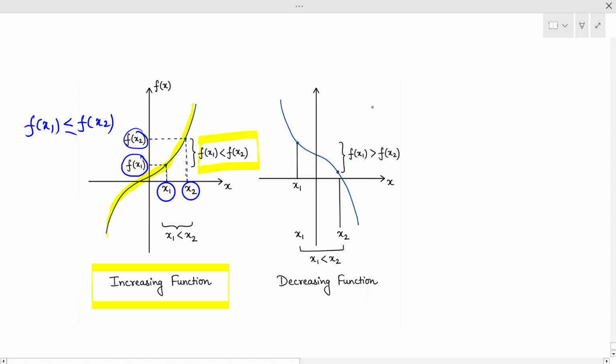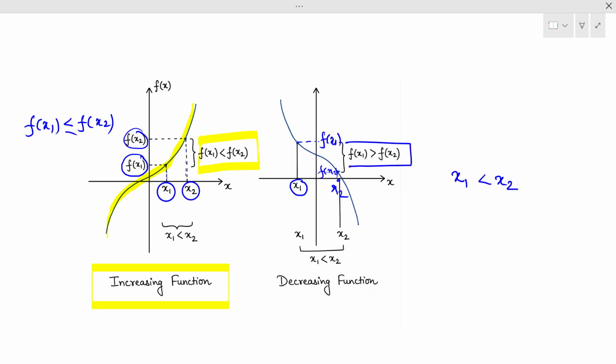Similarly, what should be the condition for the decreasing function? Same, we can consider x1 less than x2. This is x1, this is x2, but check, this is f(x1) and this is f(x2). So clearly f(x1) is greater than f(x2).